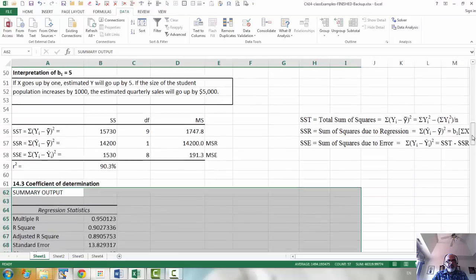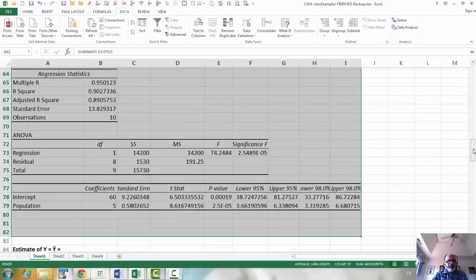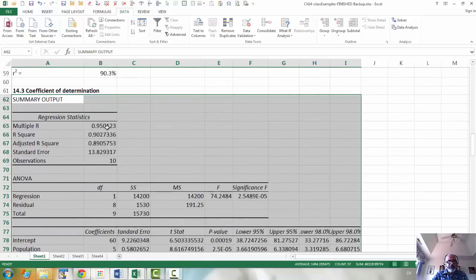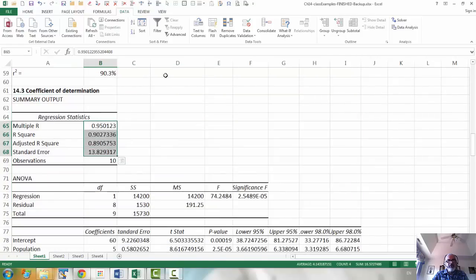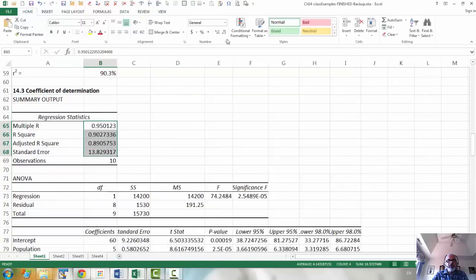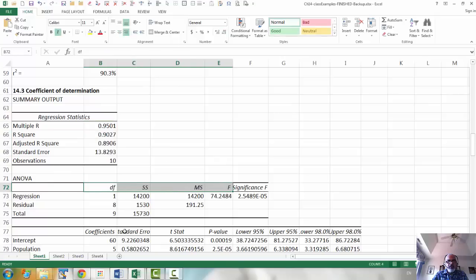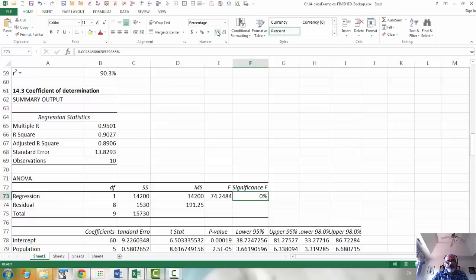Then here is the output. Okay, so let's go ahead and format these. Okay, align these. Okay, and significance of F, that's our p-value, so we need to make that into a percentage.